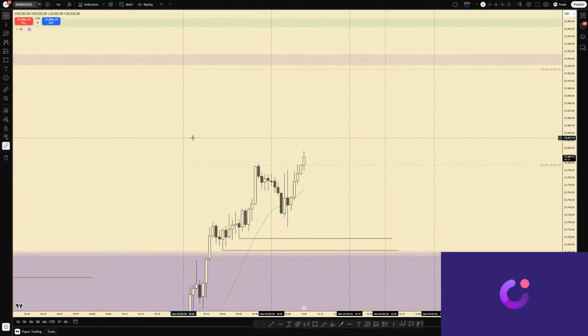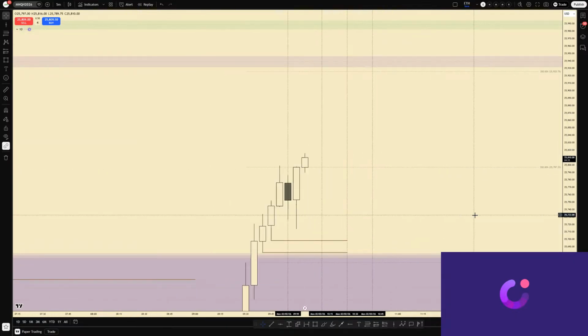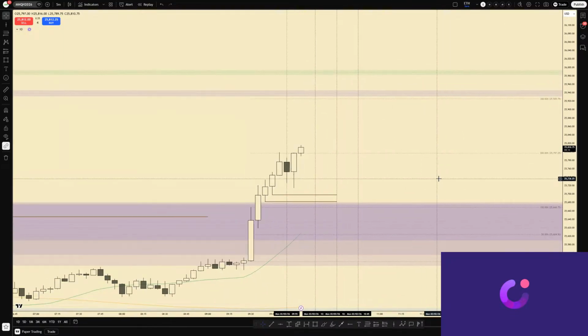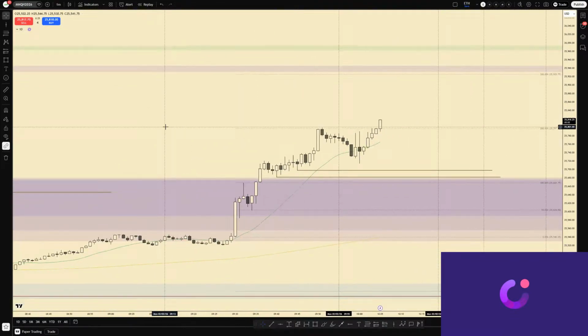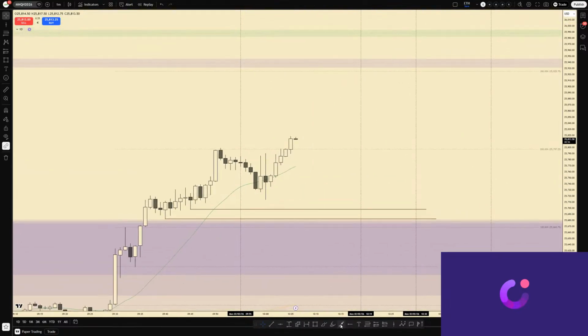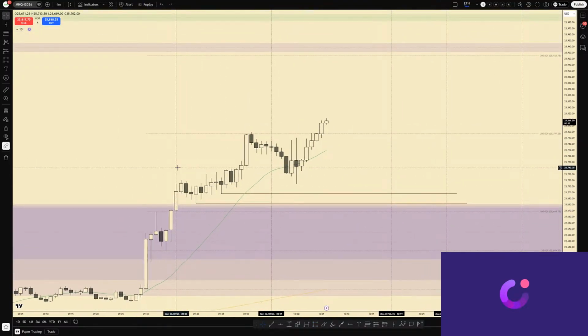Now I will make it a little bit thin again. I'm just trying to get a feeling what price is doing, and does it have a high strong momentum? Does it leave gaps unfilled or filled? How is it reacting to certain levels? For example, does it get bounced from black candles, and does it leave too many wicks?